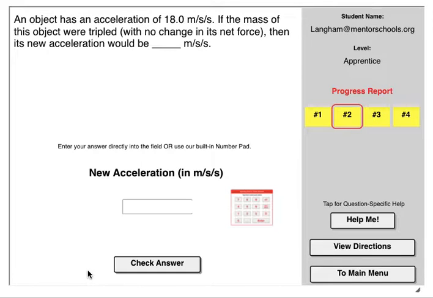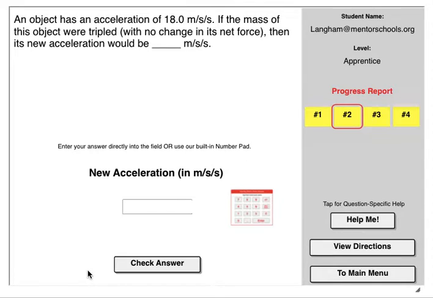That relationship is inversely proportional. That means one goes up, the other goes down. So if the mass goes up, in this case, we know the acceleration is going to go down. So it's going to be less than 18. Now the actual mathematical relationship here, if the mass is tripled, then the acceleration is going to be cut down to a third of what it was originally.